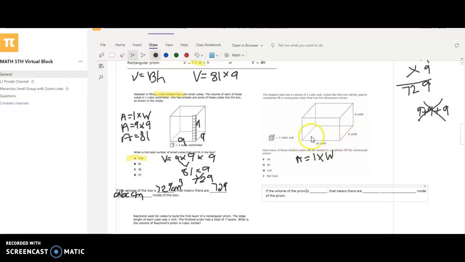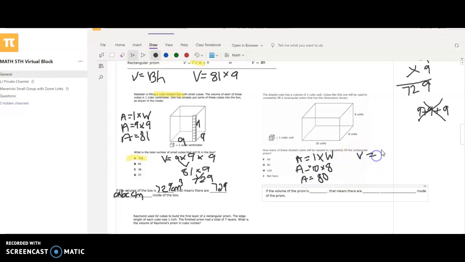Let's fill it in with our numbers. We know that this is our length and this is our width. So area is equal to 10 times 8. So area, or our base, is equal to 80. So now let's find the volume.